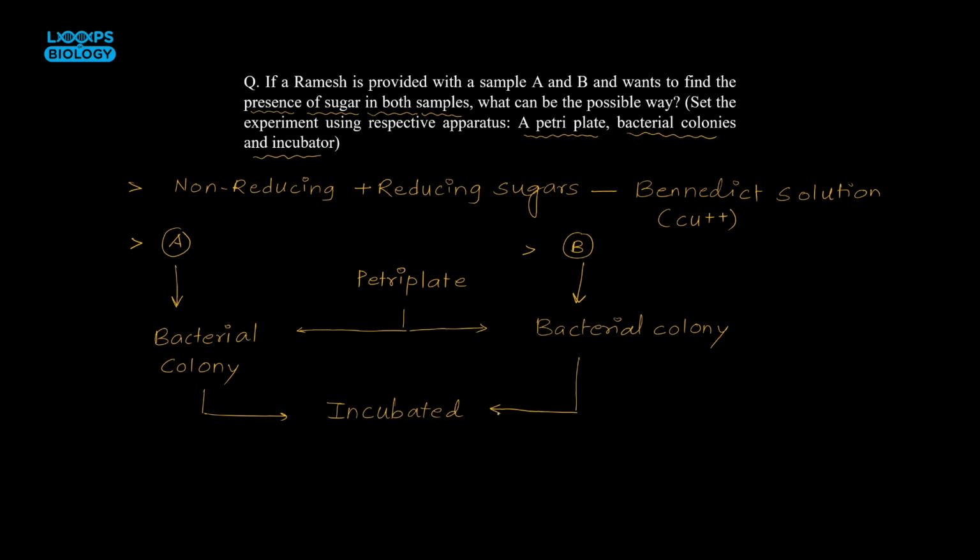Now, after incubation and providing them with optimum conditions, the bacterial colony will start growing and utilizing the sugar present. If there is sugar, it will show a process of fermentation. This fermentation will give an acidic smell and effervescence.